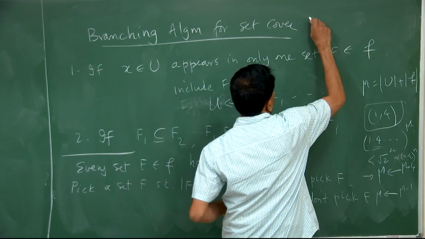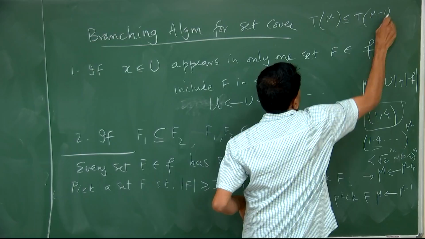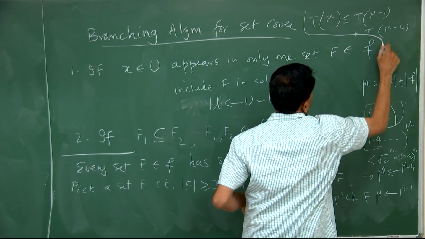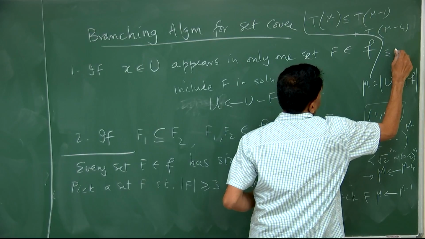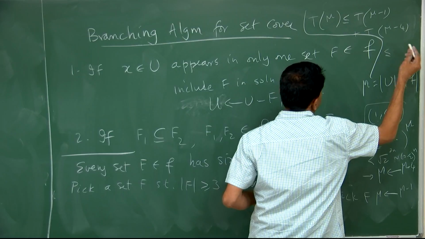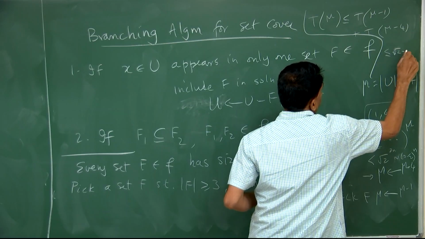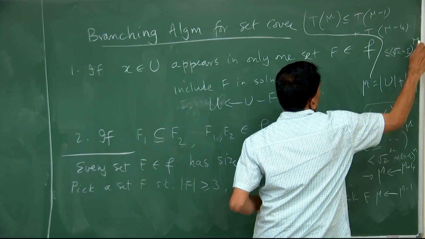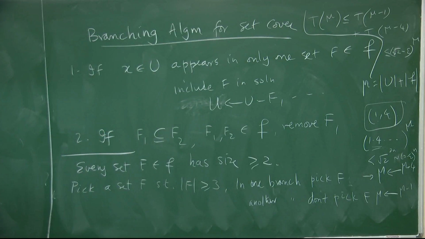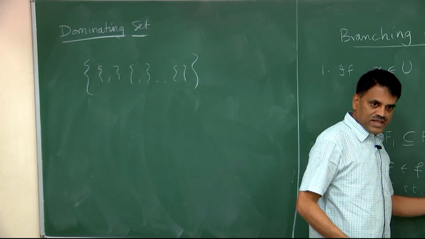T of mu is less than or equal to T of mu minus 1 plus T of mu minus 4, and this gets me strictly less than (square root of 2 minus epsilon) power mu, and mu for me is 2n, so the whole thing is less than 2 power n. The only problem is, if every set has size exactly 2, I don't get this guarantee. What do I do?